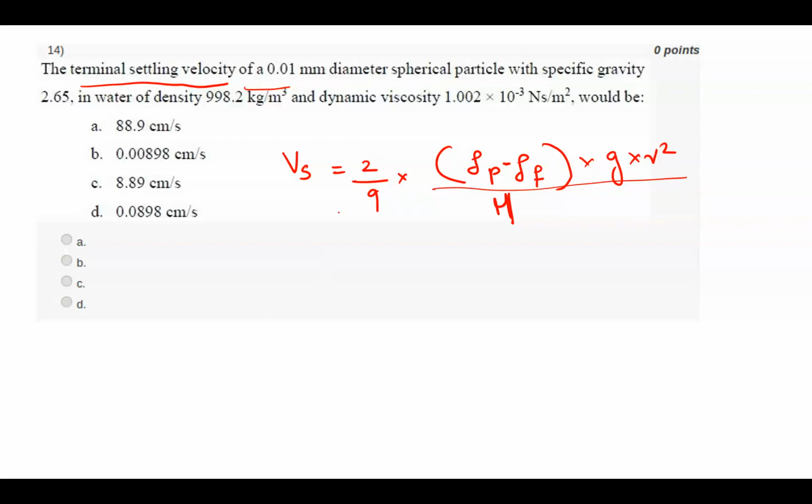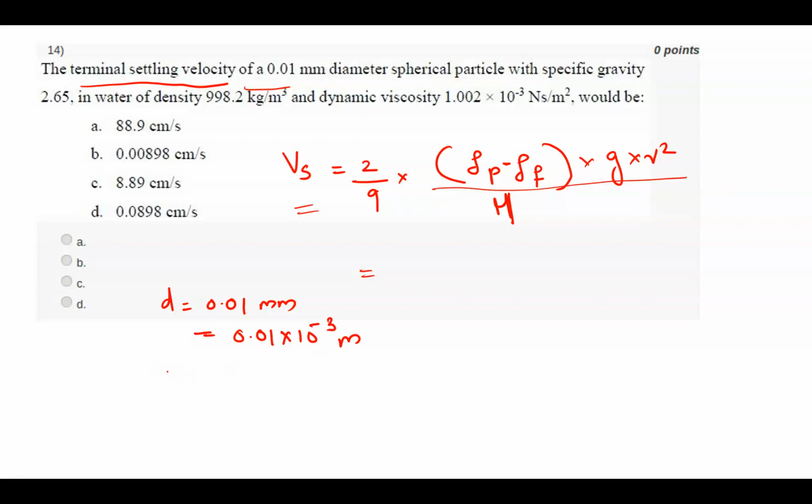So we have to calculate Vs. Here you can put what is given. This is the diameter: D is equal to 0.01 millimeter. You can convert into meter, so it is 0.01 into 10 to the power minus 3 meter.